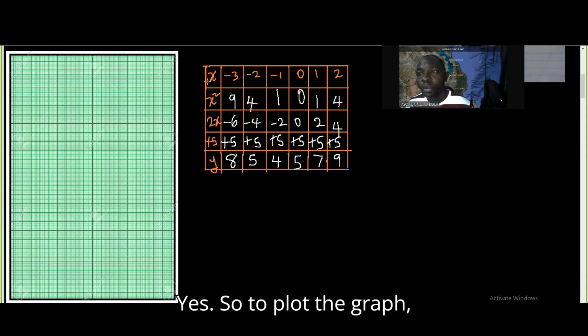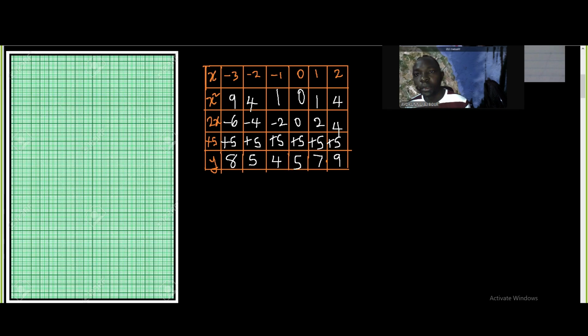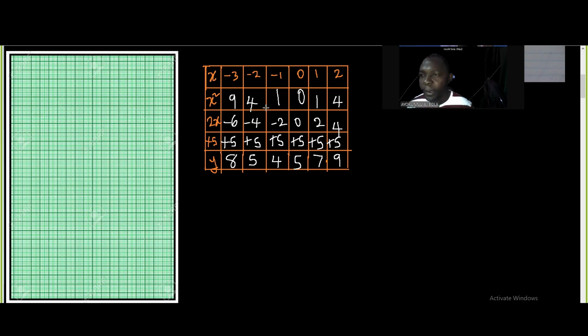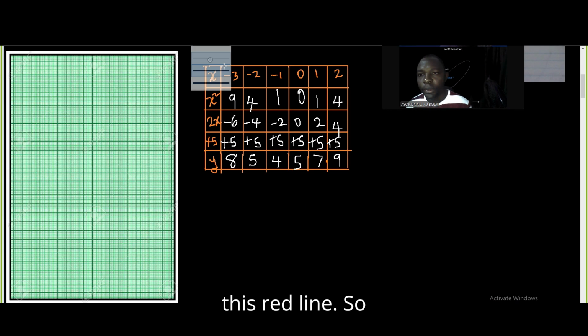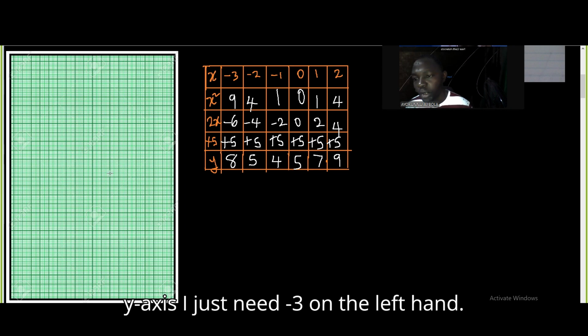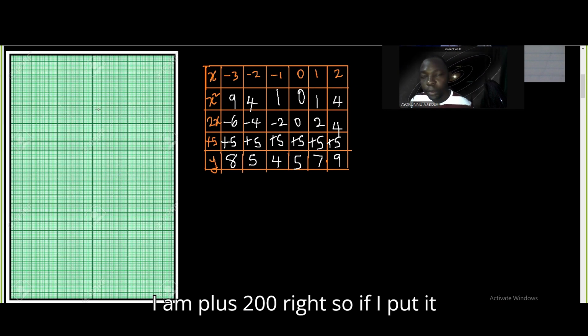Yes. So to plot the graph, we have to draw our axis. Use this red line. So x ranges from -3 to +2. That means for the axis, I just need -3 on the left and +2 on the right.